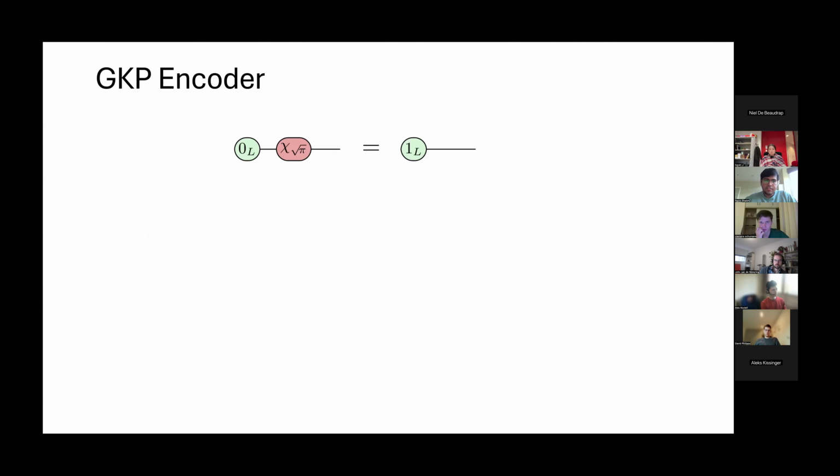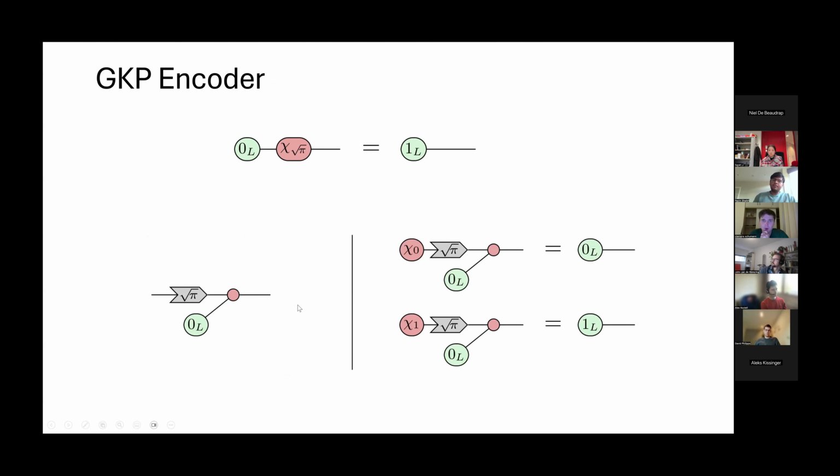Now, we can also describe an encoder for this code by noting that if I have a 0L, the GKP 0 state, and I apply a shift in the position basis by square root of pi, I get 1. And we can use this fact to apply to this diagram.